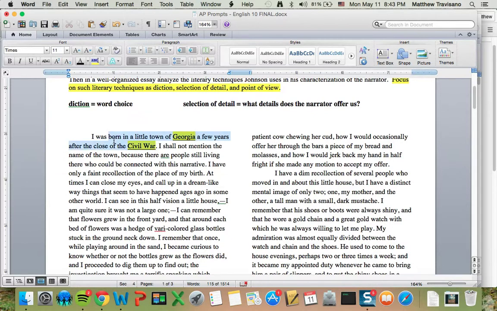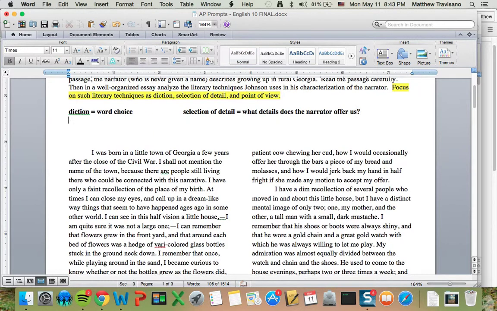The Civil War was fought in Georgia, among other southern states and northern states as well, but the Civil War arguably was caused by southern recalcitrance against the North, or southern aggression and slavery and all that. So that's an example of how selection of detail tells us about the narrator.